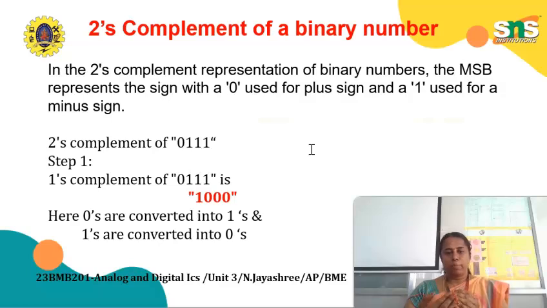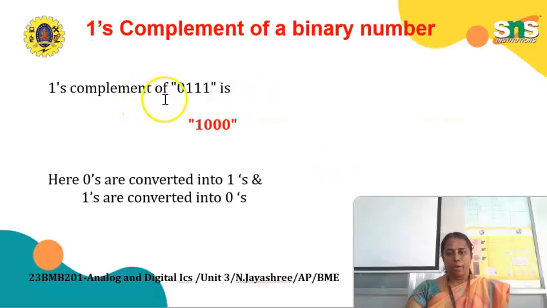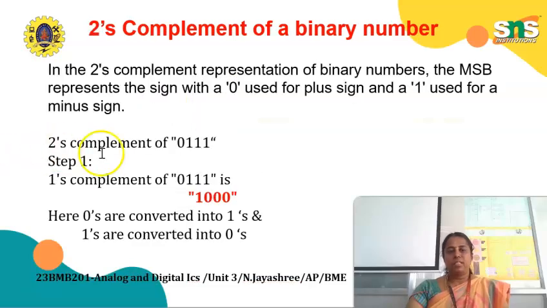Let us take the twos complement of the same 4 digit number which we already saw in ones complement, 0111. If you take the twos complement, 1 is added to the result of the ones complement, and then we get the twos complement.